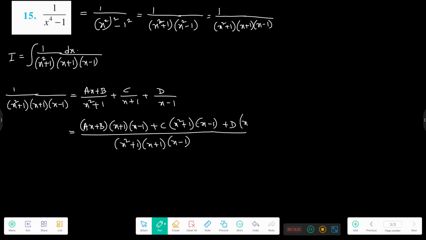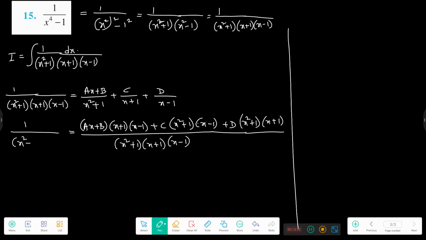So d into (x square plus 1)(x plus 1). So this is the simplification.